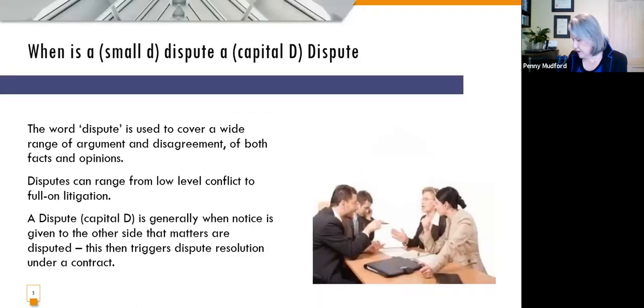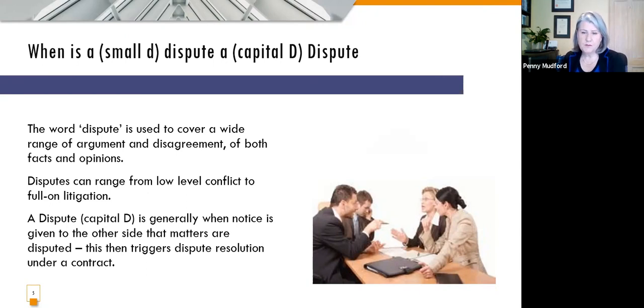If we'll move on now to when is a small d dispute a capital D dispute? So dispute as a word is used to cover a wide range of arguments and disagreements. Usually in contracts, there are dispute resolution provisions, and that is the formal dispute resolution way of dealing with disputes.